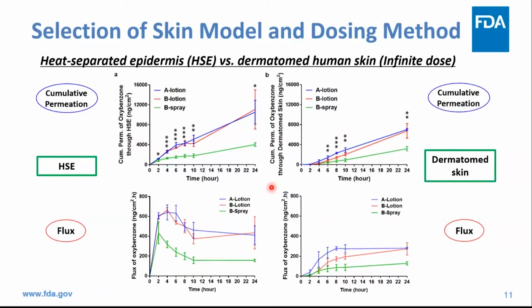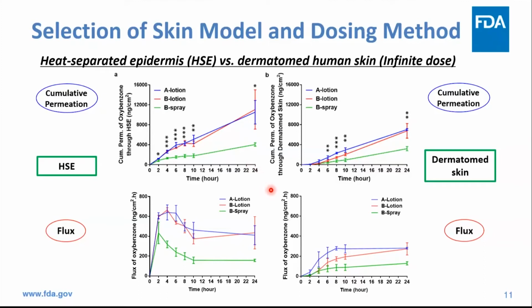For example, here we've shown that oxybenzone from the A lotion, showing the blue curve, and the B lotion, showing the red curve, has similar or comparable oxybenzone permeation and flux profile, but the B spray, showing gray, has significantly lower permeation than the two lotions that we tested in both skin models.